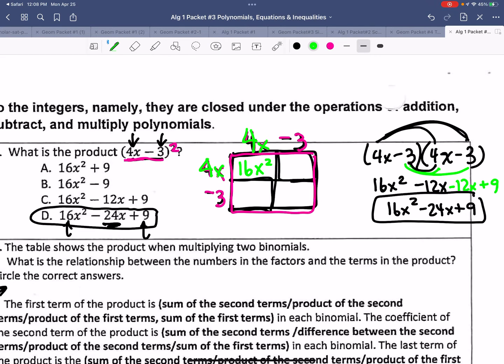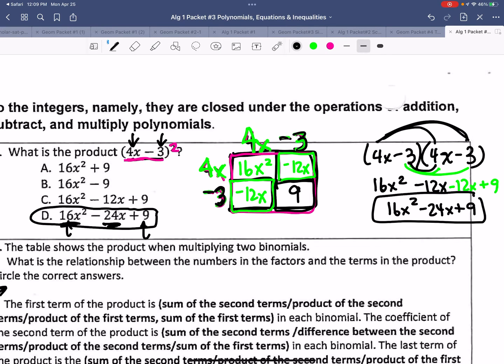In this box would be negative 12x because it's 4x times negative 3. In this box, I also would write negative 12x because I have negative 3 times 4x. And now in the last box, I'm going to make 9, because negative 3 times negative 3 is 9.